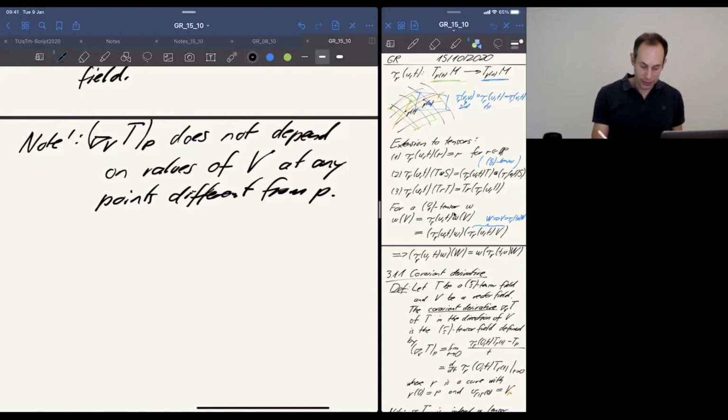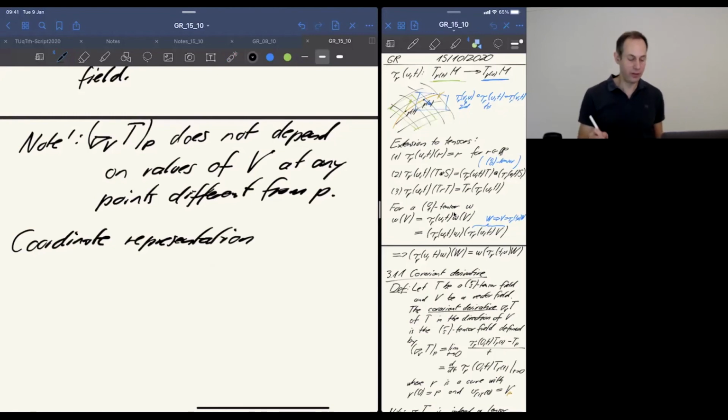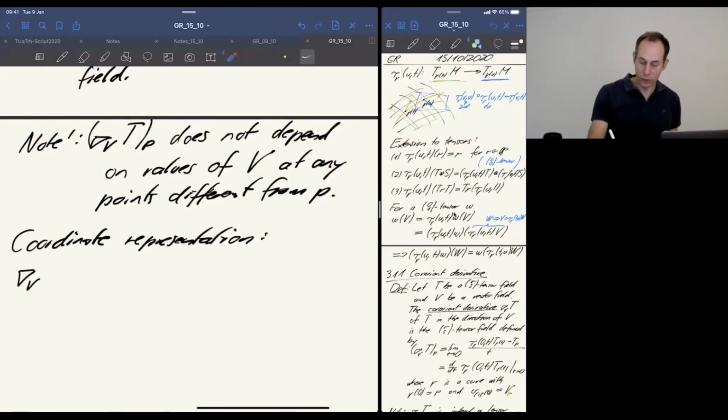Okay, so as I said, to do that, I want to understand, or at least write down, the coordinate representation. What do I mean by the coordinate representation? First of all, I could do it in the general case, but this would be quite cumbersome and not give more insights than if you just do it for a vector field. So we do it just for (1,0) tensor fields.